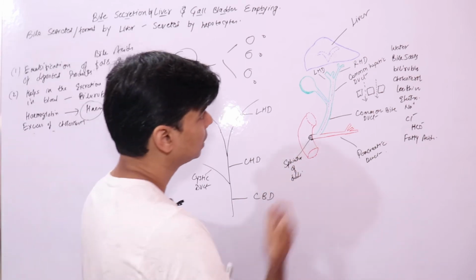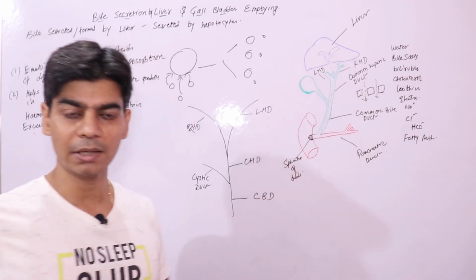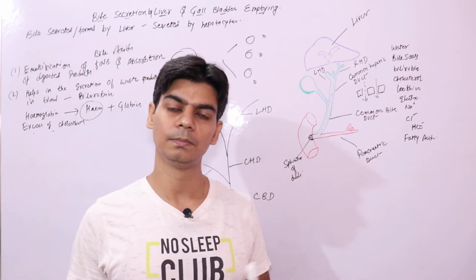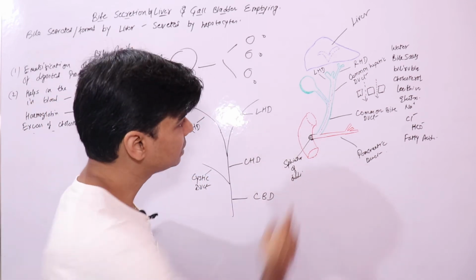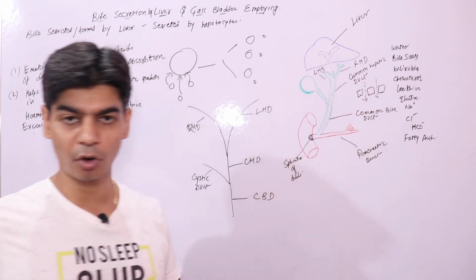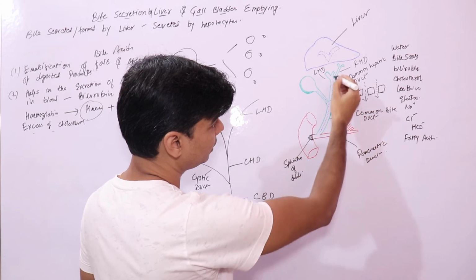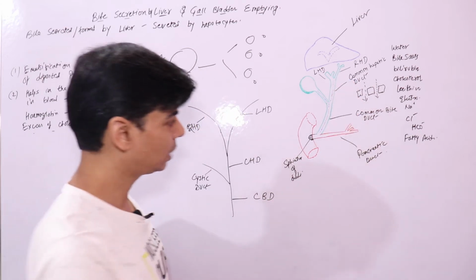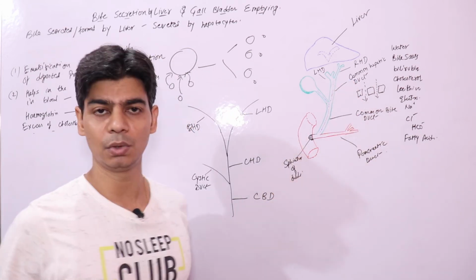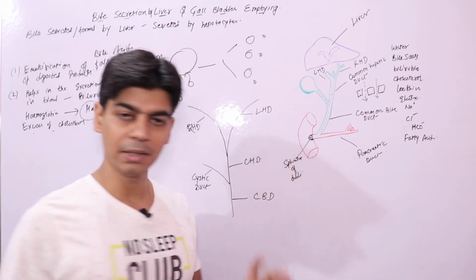Now suppose, since the hepatic cells of the liver are continuously forming bile, they will keep releasing bile in the bile ducts, right. Now suppose there is no food in the duodenum, the sphincter of Oddi is closed.